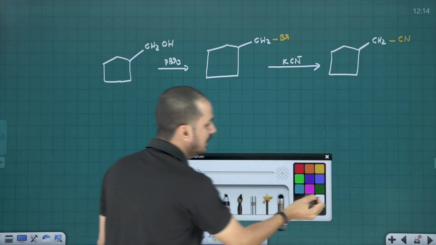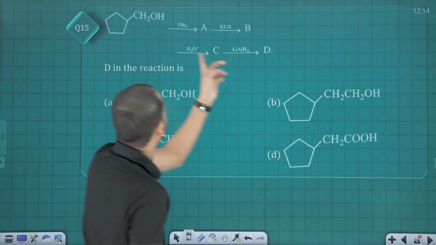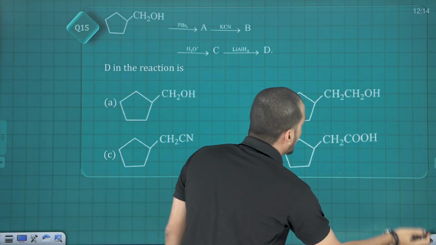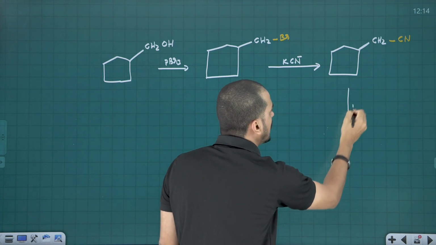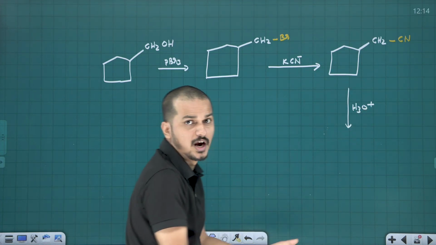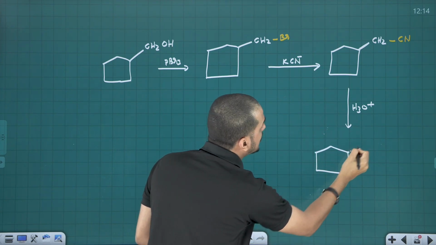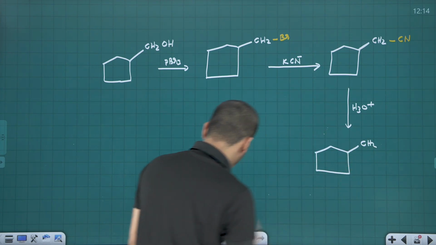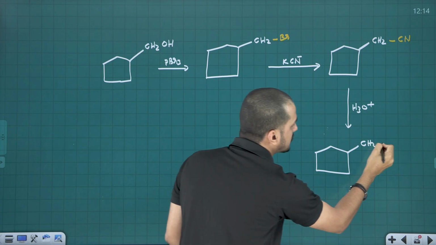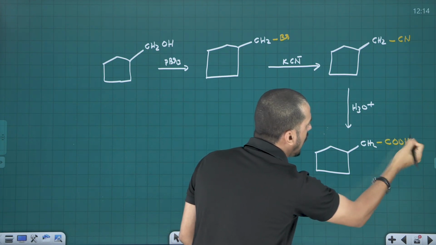Next step again, after this one, what you are doing? You are hydrolyzing. If you are hydrolyzing this cyanide group, you will get carboxylic acid. So this will become CH2, and here CN becomes COOH.